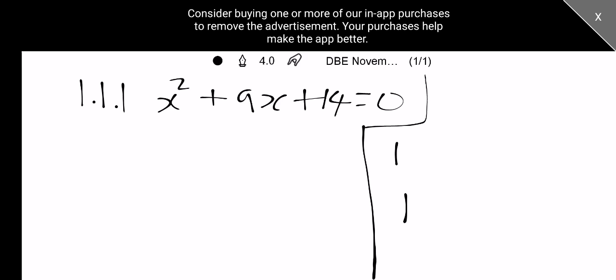Now, what are the factors of 14? The factors of 14 are 1, 2, 7, and 14.